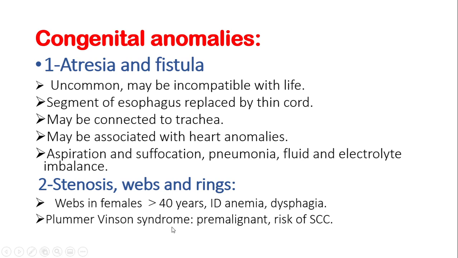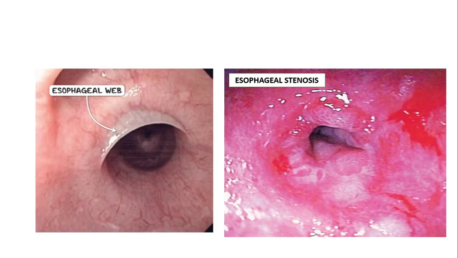This is one of the risk factors for development of squamous cell carcinoma, usually pharyngeal and upper cervical squamous cell carcinoma, Plummer-Vinson syndrome. This is what we mean by esophageal web.